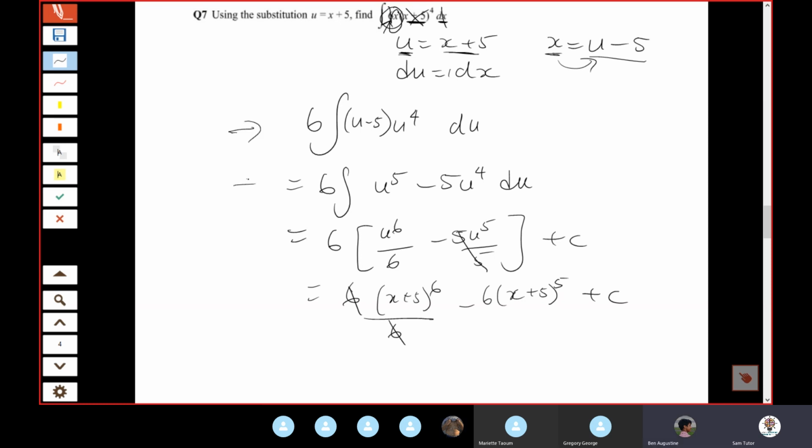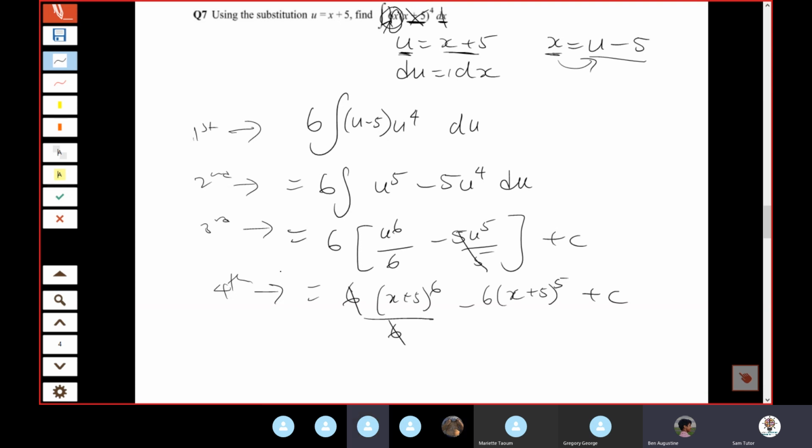First line, second line? Anybody have any issues with what I've done here? No?